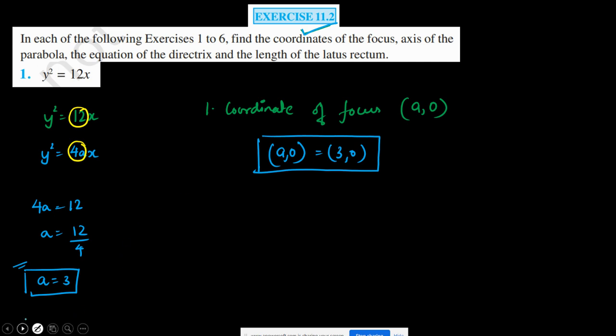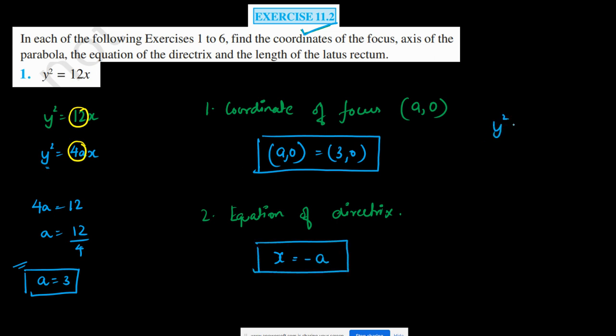That is why I can now write the equation of the directrix. Since the equation has y squared and it is positive, I can take the equation of the directrix to be the opposite one. For y squared it is going to be x, and since it is positive, I should be taking a negative value of a.